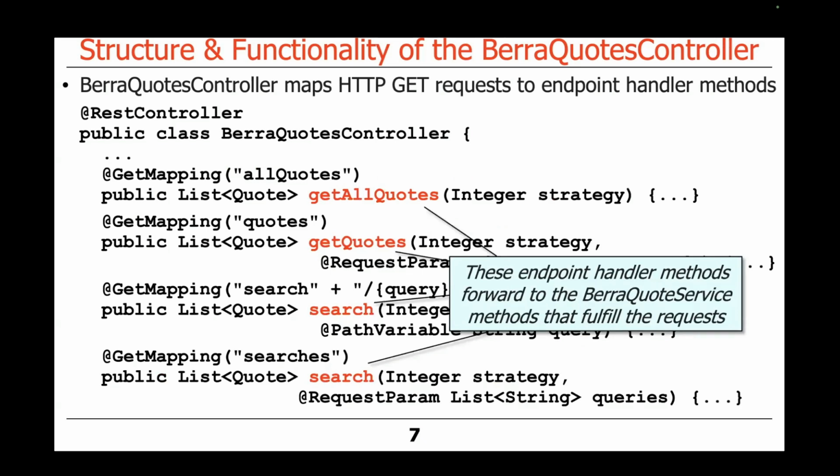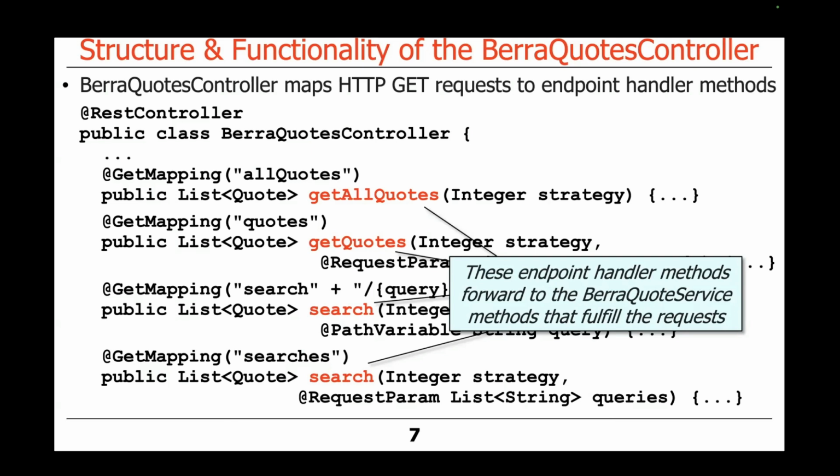Here are the methods that we define. You can see that they are methods that will get all the quotes for a given strategy. It'll get a specific quote for a specific strategy. You can also indicate the quote IDs when you get those quotes.